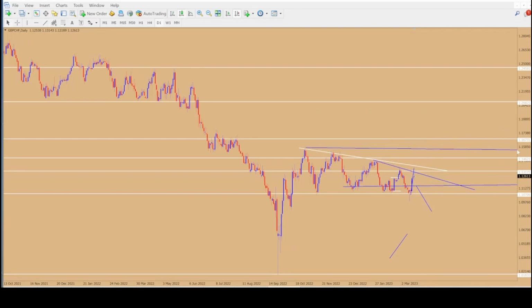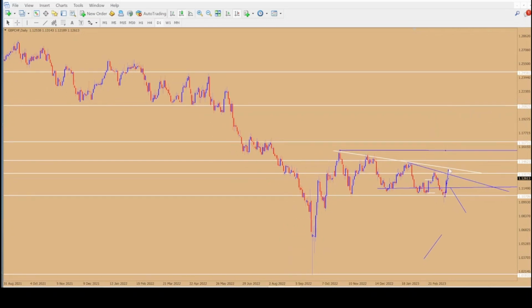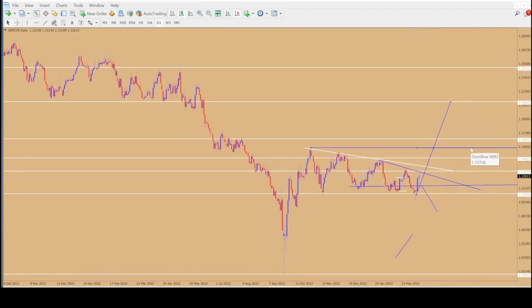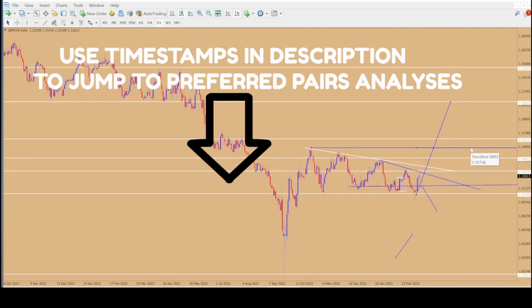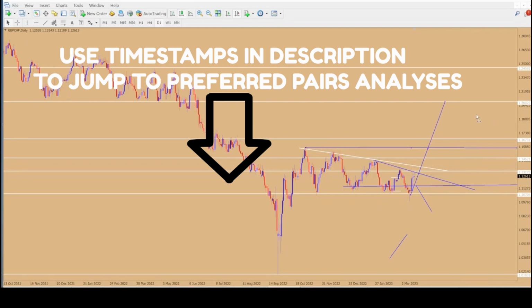You could target as high as the 1.575 area if we get that break. In fact, that break would lead to as high as the 1.2082 area, so I don't think that will happen all in 1 week, but that is something to look out for.